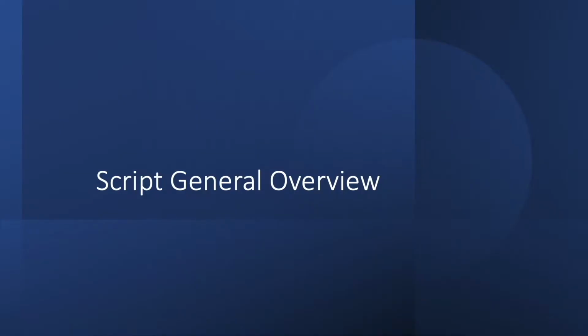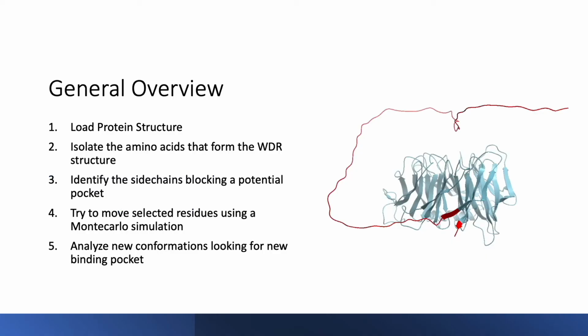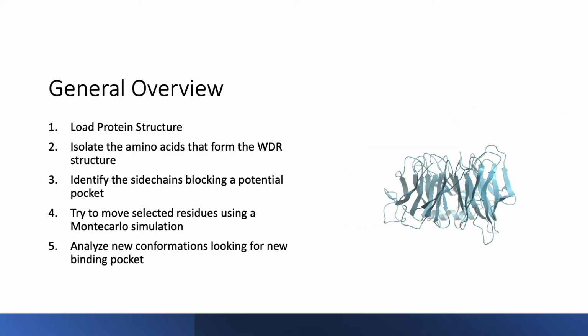Before going into more detail, let's first look over a general overview of how my script is constructed. The first step is to simply load the protein structure. Then, the amino acids forming the WDR structure are isolated. Next, the side chains blocking a potential pocket are identified.